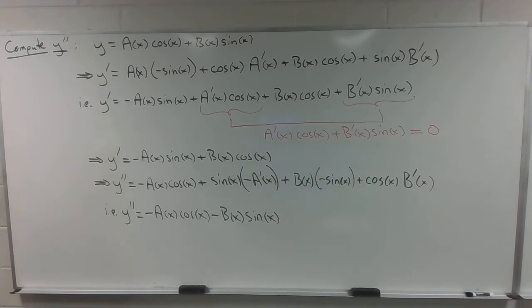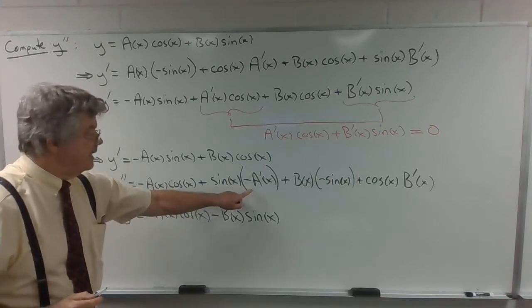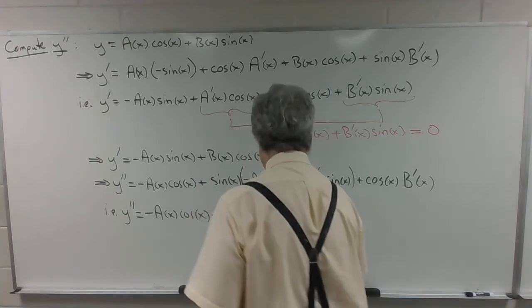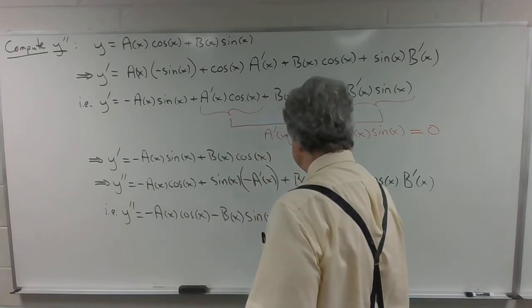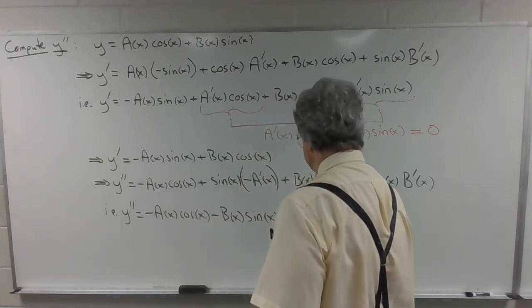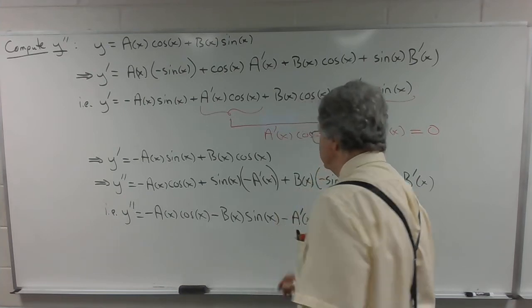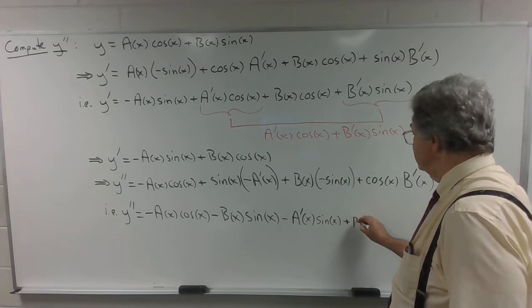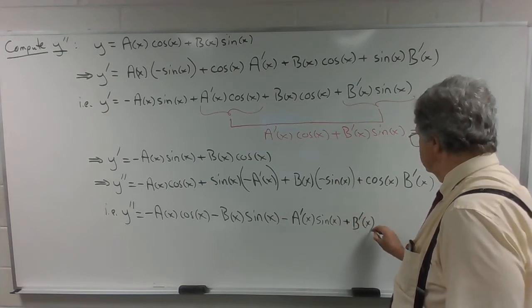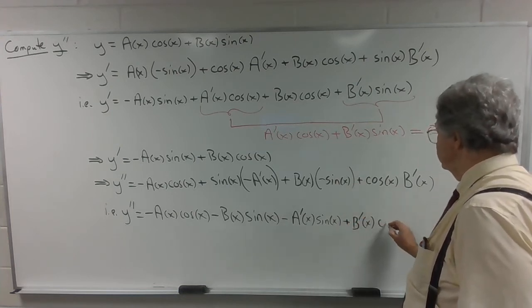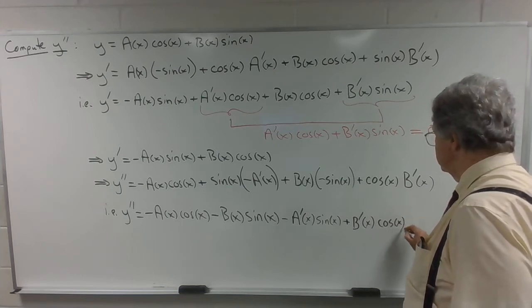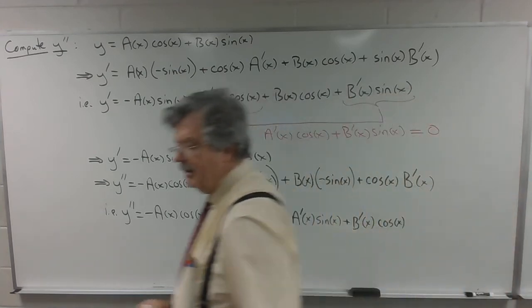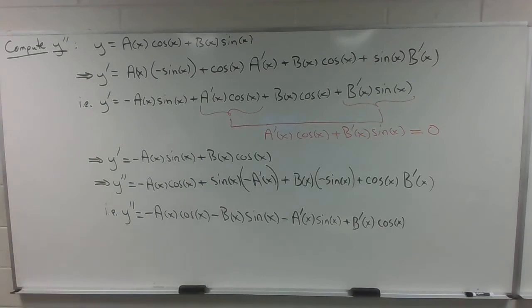Okay, now, negative a prime of x sine of x plus b prime of x cosine of x. And let me look over my handiwork and make sure I didn't do anything that I should be utterly ashamed of.